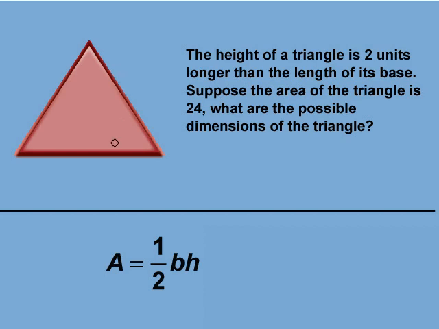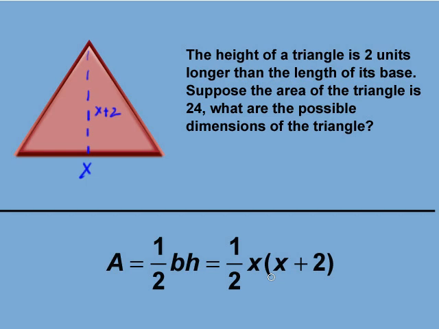If we assign x to the base, that means the height is x plus 2. Substituting these terms into the formula, we get this for the area of the triangle.